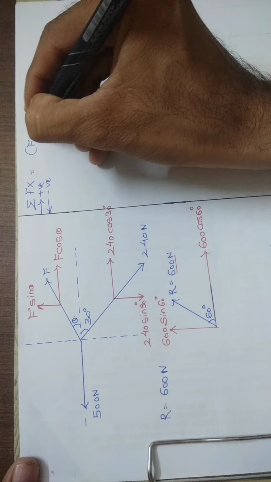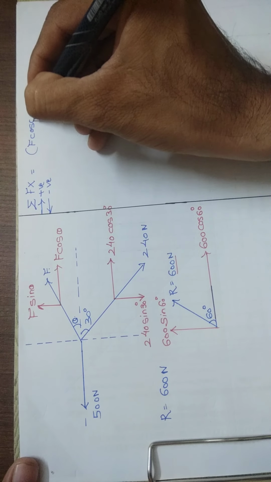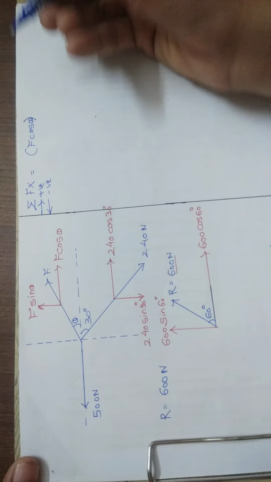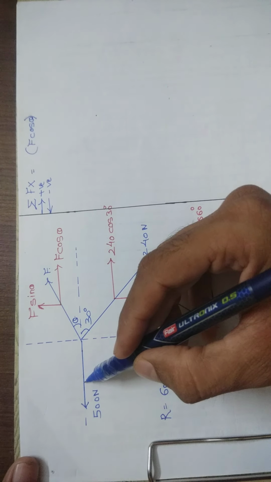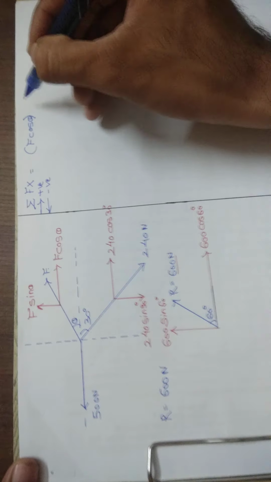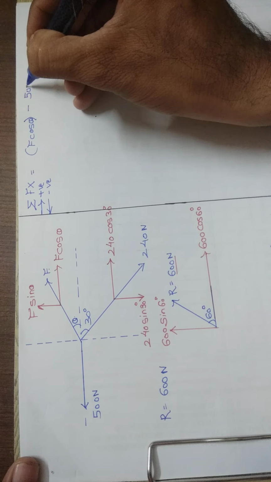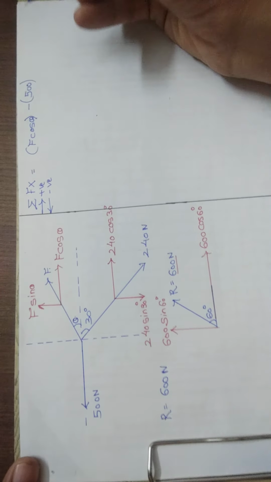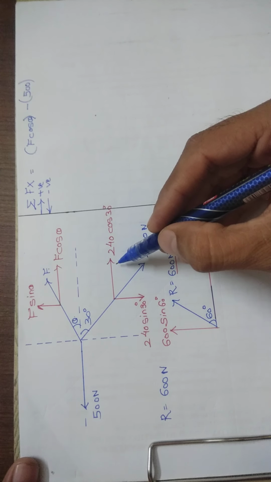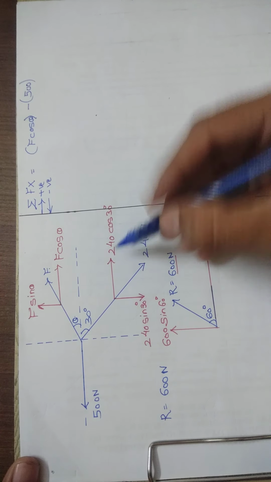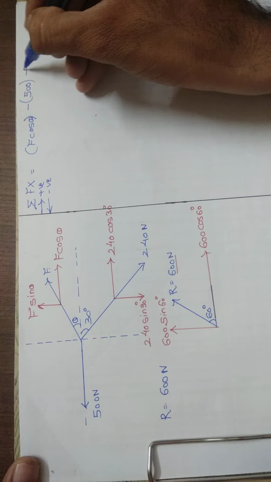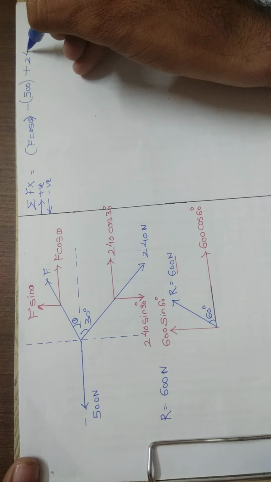Theta is unknown, F is also unknown. What about the 500? It has only an x component, but minus, because it is moving to the left side, so minus 500. Then the third force, 240, also has an x component, which is positive, on the right side.